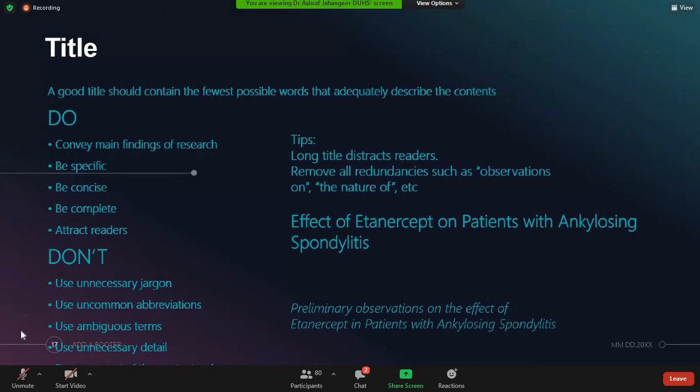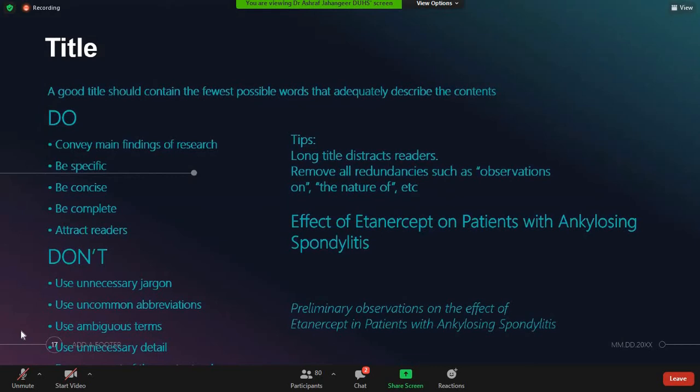So for example, read this title: Preliminary Observations on the Effect of Etanercept in Patients with Ankylosing Spondylitis. What are the terminologies or words we can remove from this title? Look again at the bold: effect of etanercept on patients with ankylosing spondylitis.